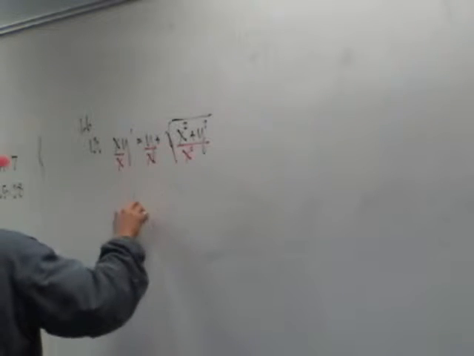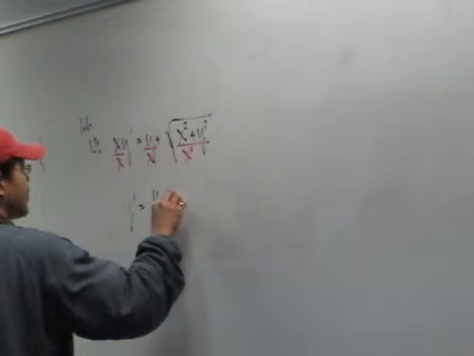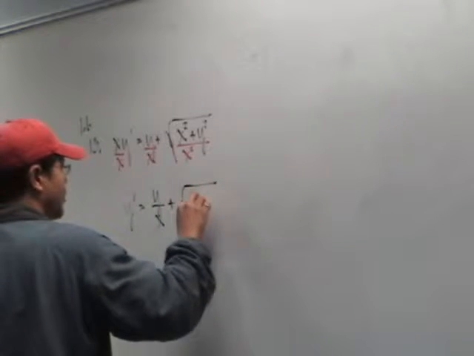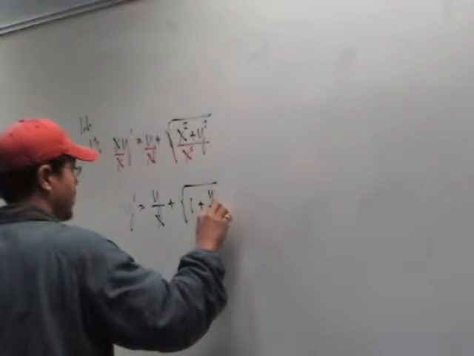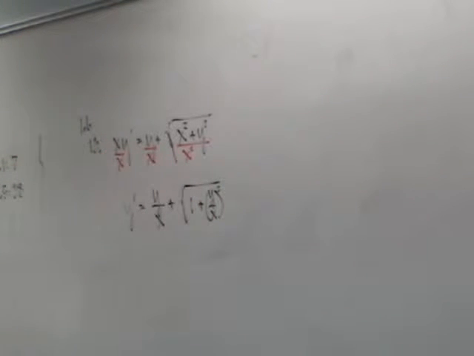So now this will turn into y prime equal to y over x plus the square root of 1 plus y over x, the whole thing squared. Everybody good so far?